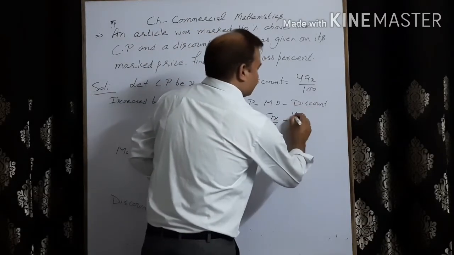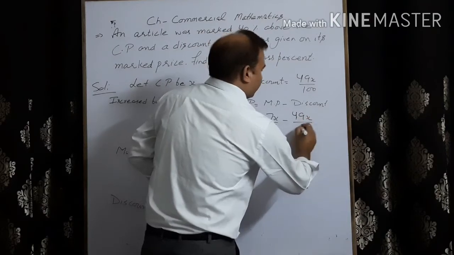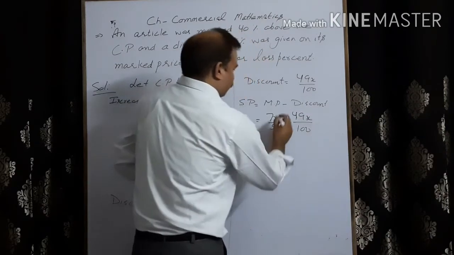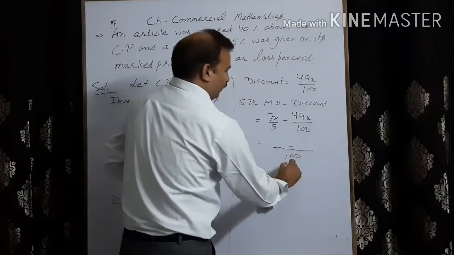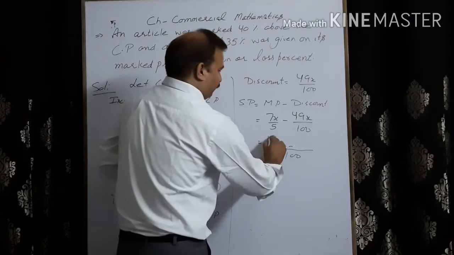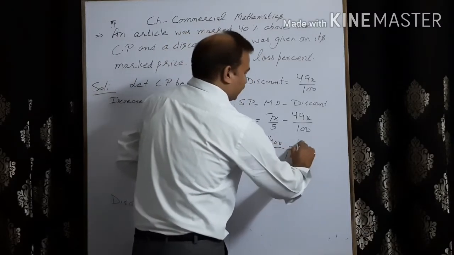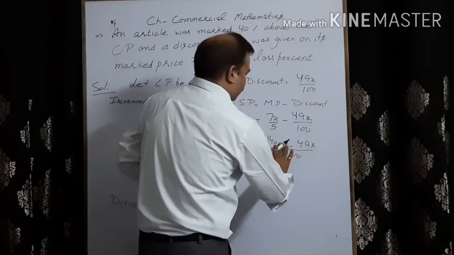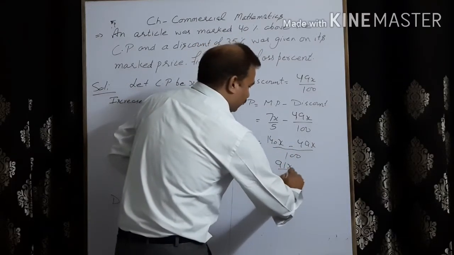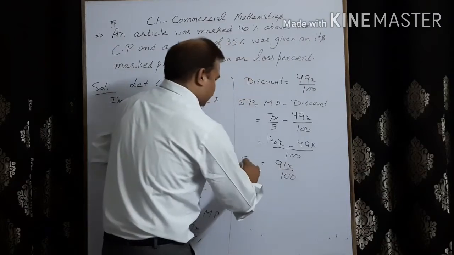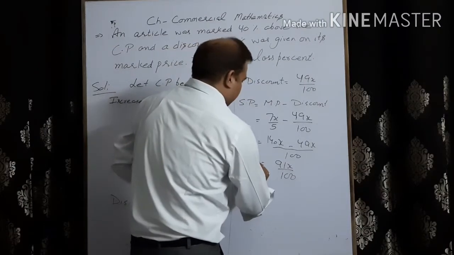That is 49x by 100. When we solve this, the denominator will become 100. 5 will go for 20, 20 sevens are 140. 140x minus 49x. So this will become 91x by 100. That is the selling price.